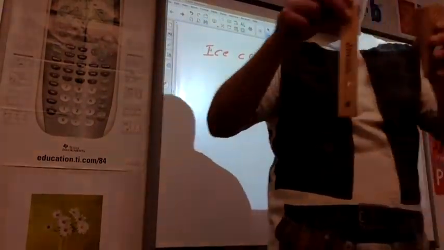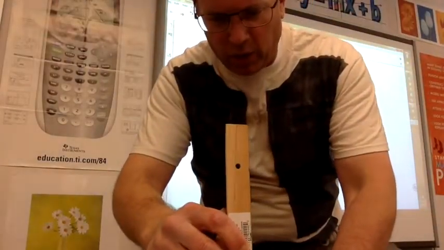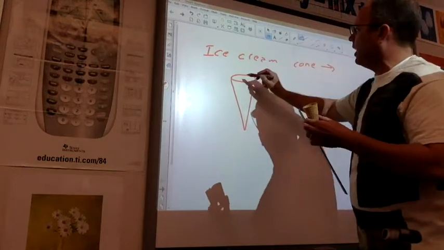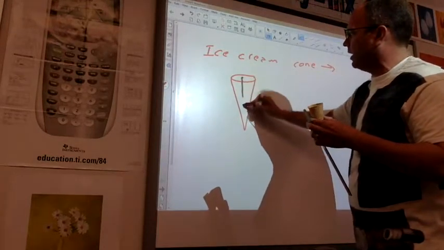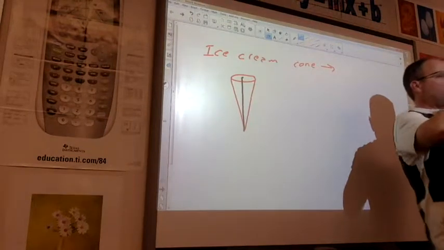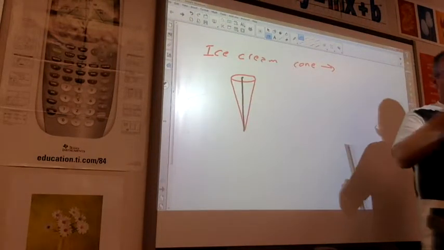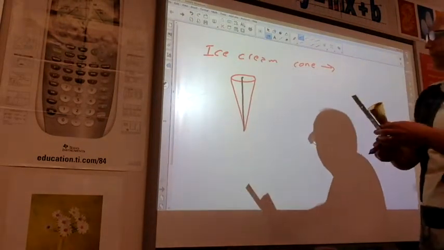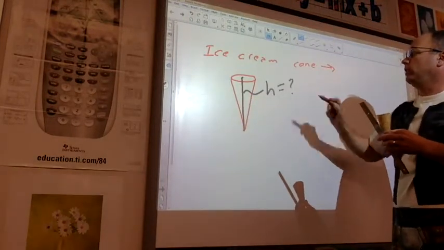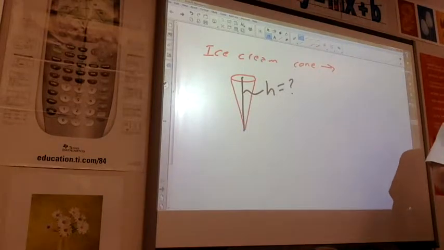Now, maybe we could think we're standing it upright to measure the actual height, but it might be tough to measure the actual height of this ice cream cone because of its weird indentations. So the actual height, I don't know if we can find right off the bat accurately.